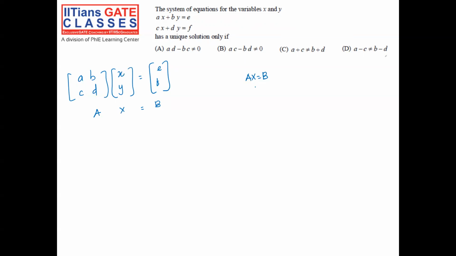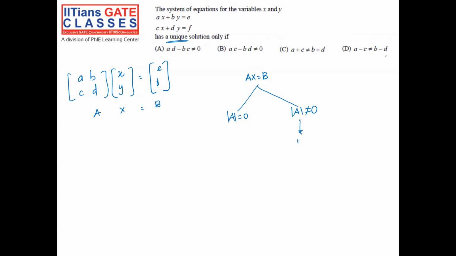So whenever we get a non-homogeneous system of equation, depending on its determinant, if determinant is equal to 0 and if determinant is not equal to 0, we will get either unique solution or infinite or no solution. The only possible case for the system of equations to be unique is it should have determinant as non-zero.